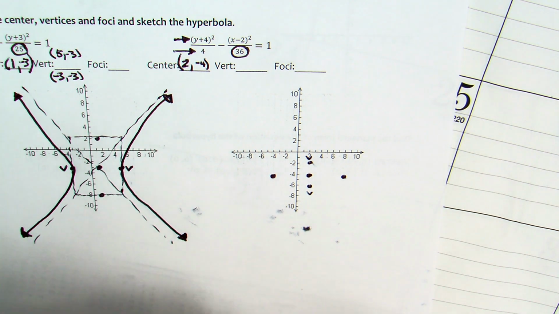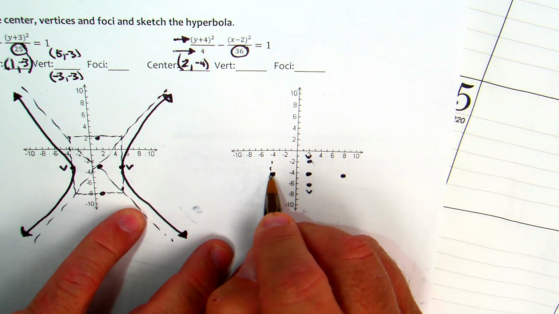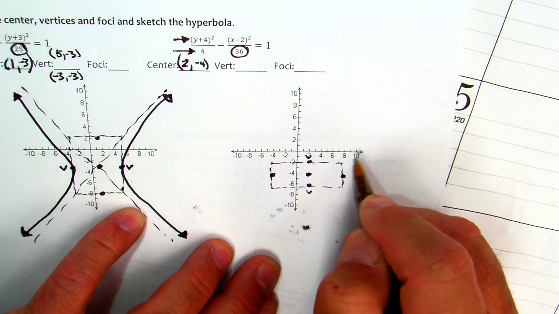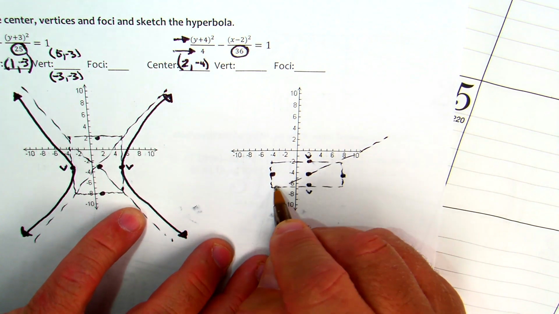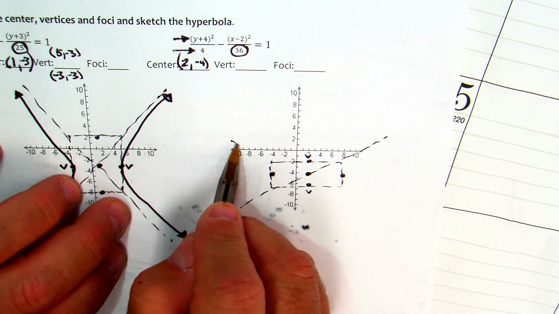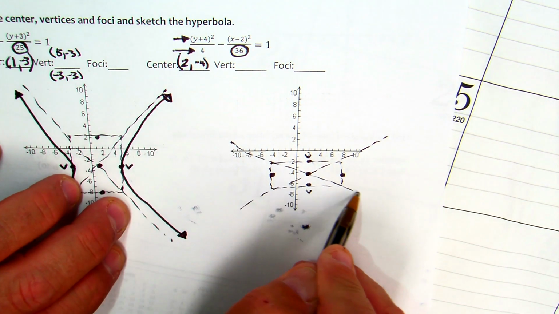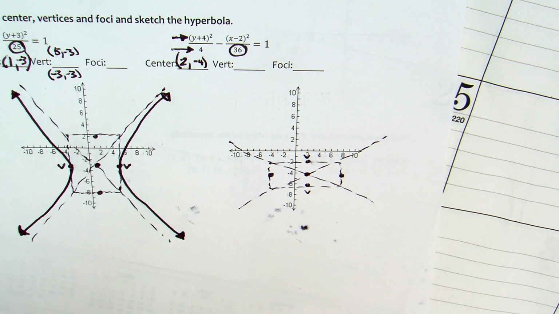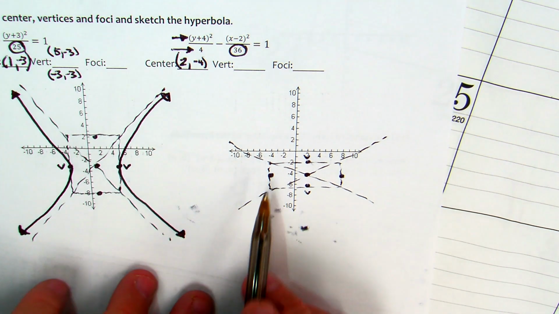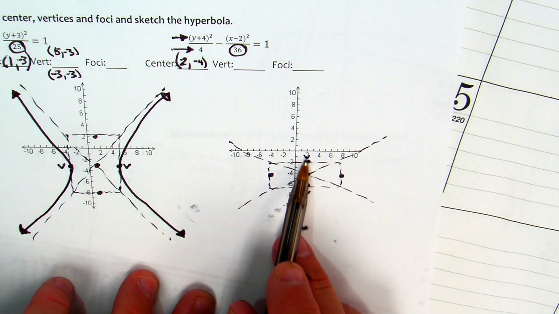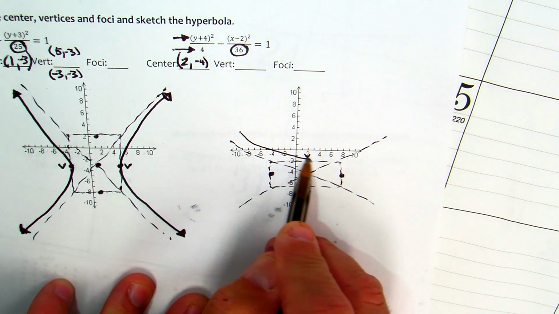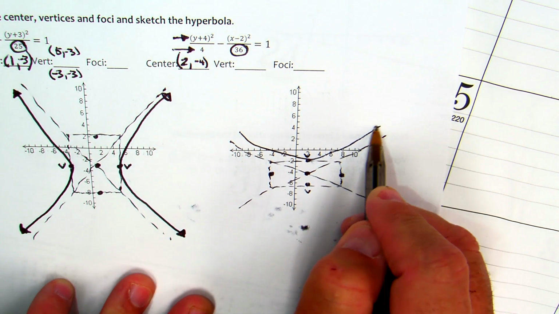Good? I'm going to connect those to form my rectangle, and then create the diagonals. Those are my asymptotes. The difference is, instead of the sides, the vertices are now located on the top and bottom. So that tells me my curve goes like that instead.